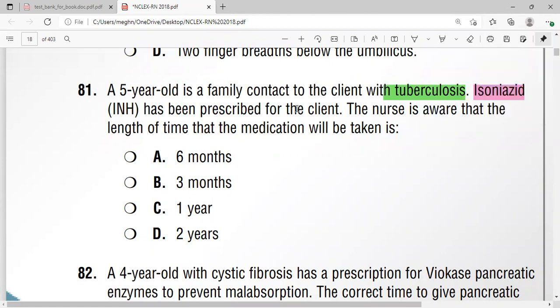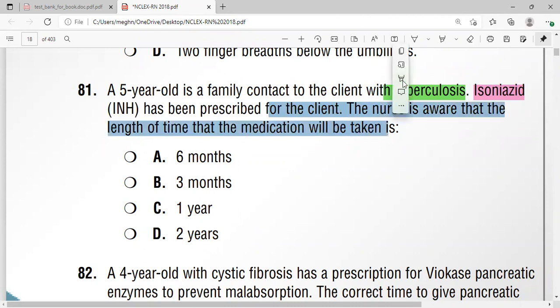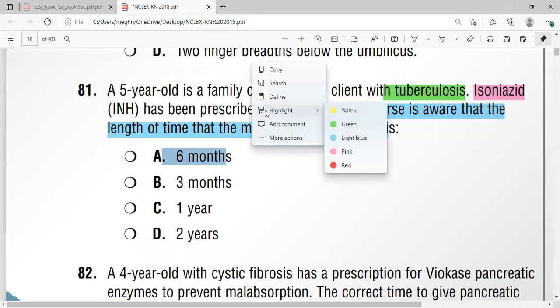How long is the medication supposed to be used? A, 6 months, B, 3 months, C, 1 year, and D, 2 years. The correct answer is 6 months, right?